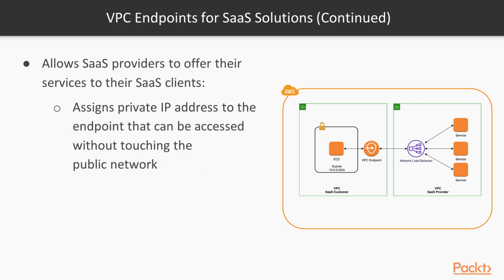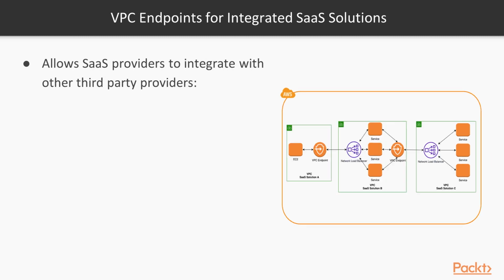Also, this setup assigns a private IP address to the endpoint that can be accessed without touching the public network. So a very nice way of integrating your SaaS provider into your software solution in a very tightly integrated way.